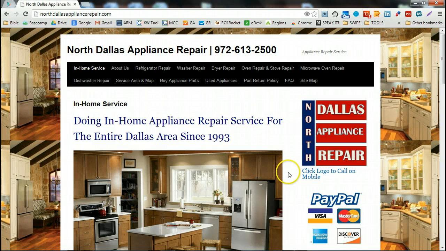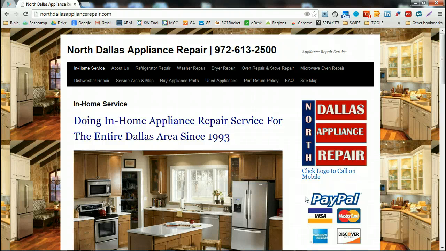Okay, the other thing is that these credentials right here are not nearly as powerful as some other credentials. If you're wanting to build trust right here, which is what I'm assuming, just about every single company out there can take PayPal and Visa, MasterCard. That does not distinguish you from everybody else. That doesn't make you any more professional.